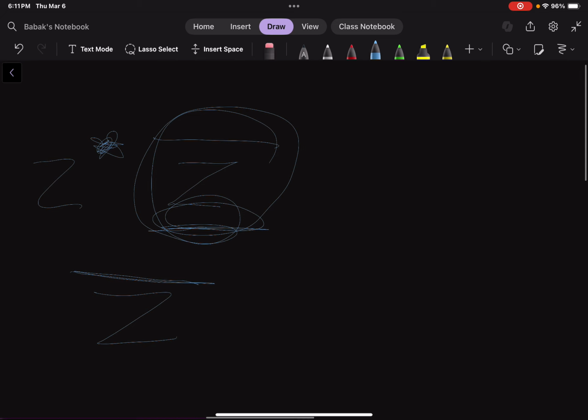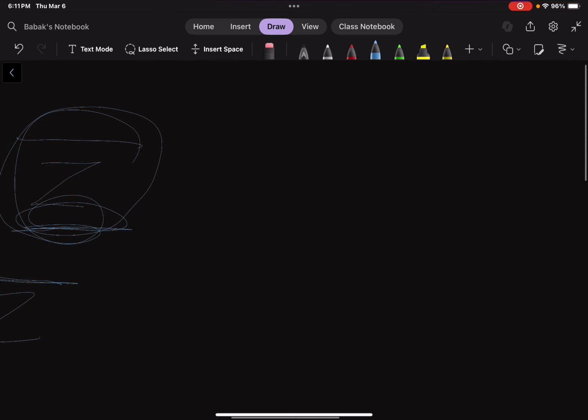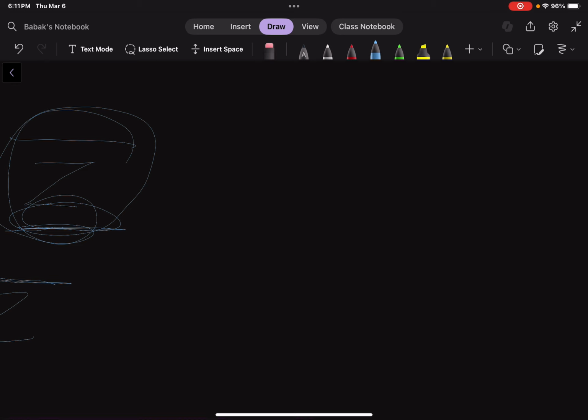Now, the conjugate, however, is more interesting. The conjugate of an imaginary number is, in essence, identical to itself, only the difference being that it is flipped over the x-axis. So if this is our z, being our imaginary number, this would be the conjugate of z.